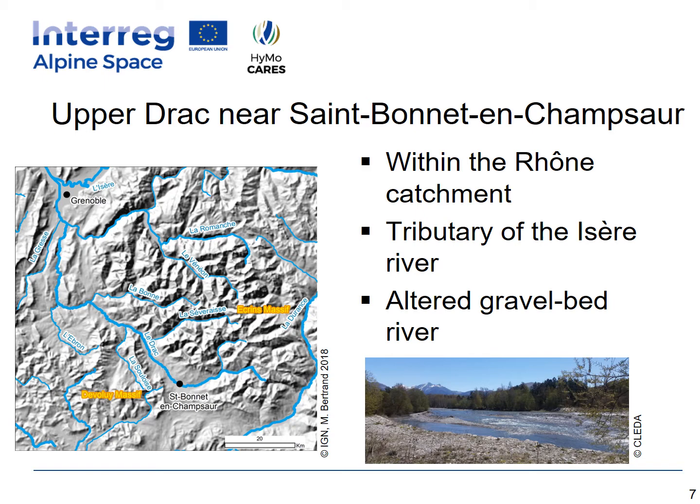The entire catchment is included in the Hautes-Alpes department, and the headwater catchments of the Drac Blanc and Drac Noir are included in the Écrin National Park. The Drac is one of the major alpine tributaries to the Isère River, with a confluence at the city of Grenoble.